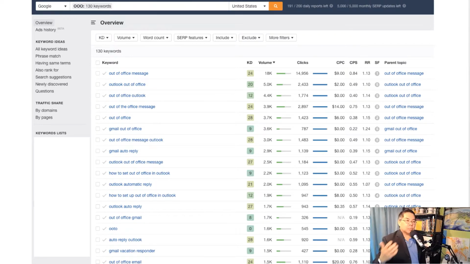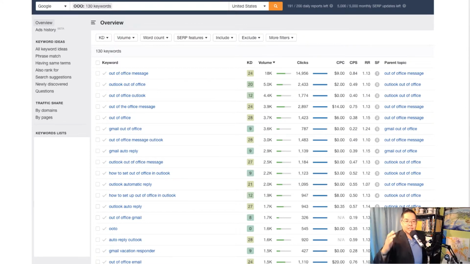So what could we ask? Or what can we find out that other people ask? Well, here's a really good example. Out of office. When people search for Outlook out of office, or out of office message, or Gmail out of office, what are they asking? They're asking, how do I turn this feature on so I can do what? Go on vacation, leave the office.